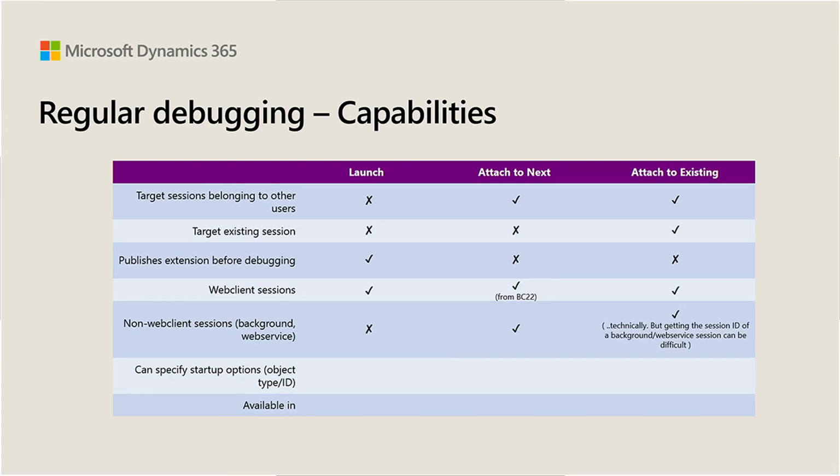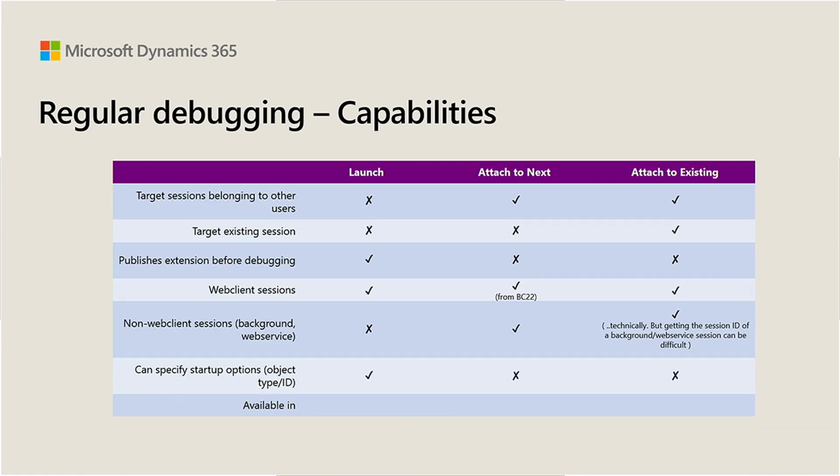You can also debug non-web client sessions, but this is usually where you go with attach to next if you want to debug service-to-service calls. You can also do that with attach to existing, but it's a bit trickier getting hold of the ID. So in this case, use attach to next.